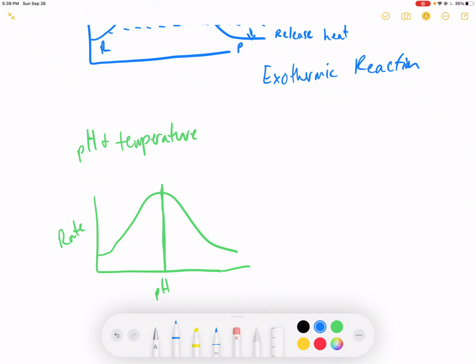This is what we would call my being most efficient, or most active. While anything lower or higher in pH would lower the efficiency or the activity of the enzyme, as you can see based off the rate.